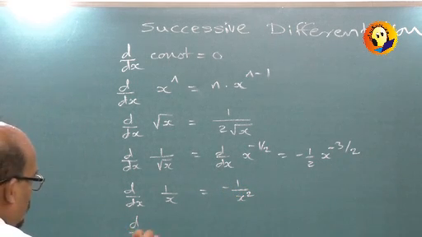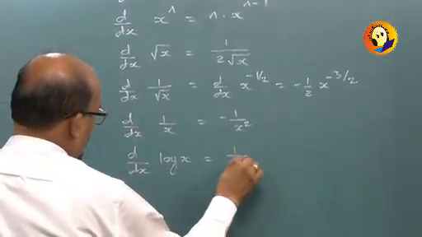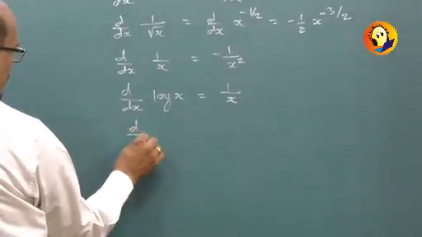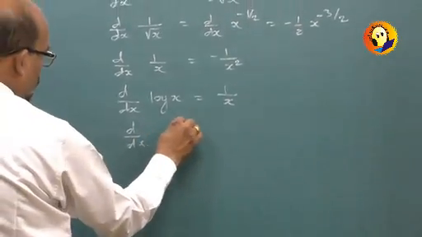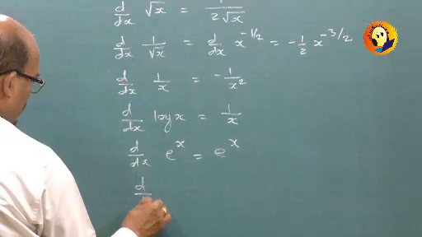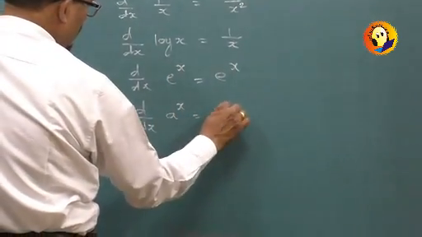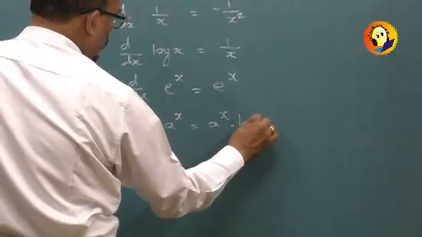D by dx of log x is 1 upon x. D by dx of e raised to x is e raised to x. D by dx of a raised to x is a raised to x into log a.